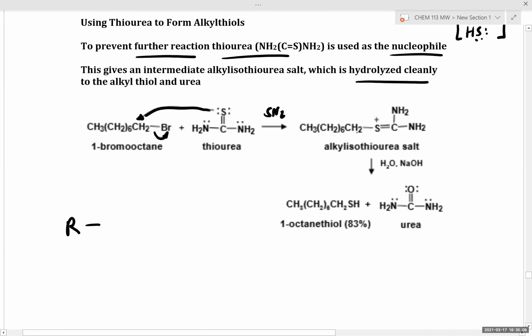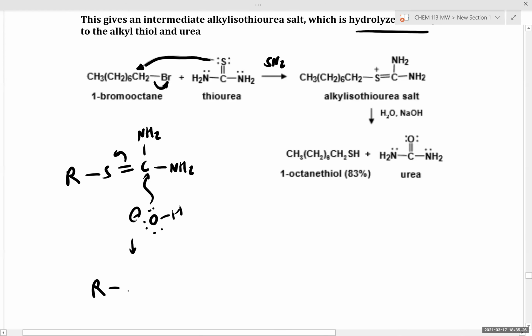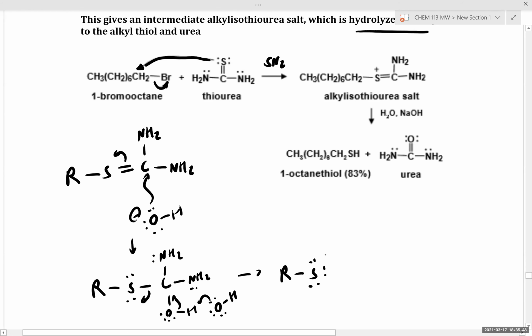So I'm going to draw just this alkyl group as R. So we have our alkyl thiourea. Your equivalent of hydroxide is going to attack your electrophilic carbon. From there, you end up with the following intermediate, and a second equivalent of hydroxide will pull off our proton, and our tetrahedral intermediate will collapse.